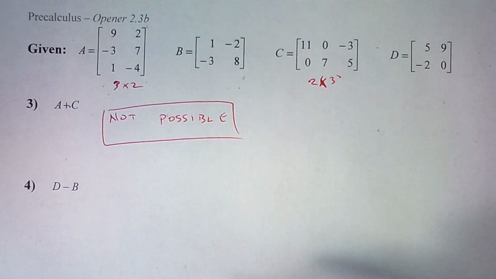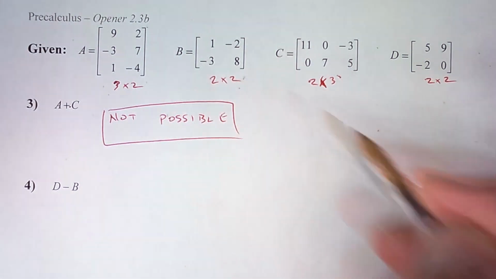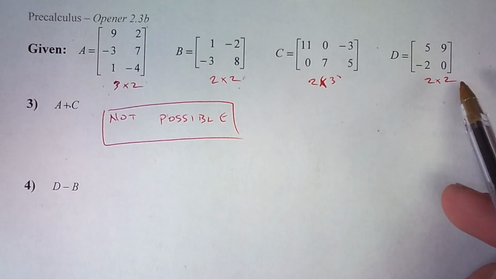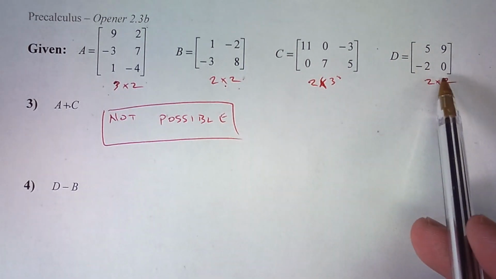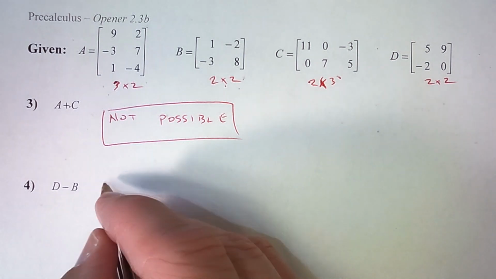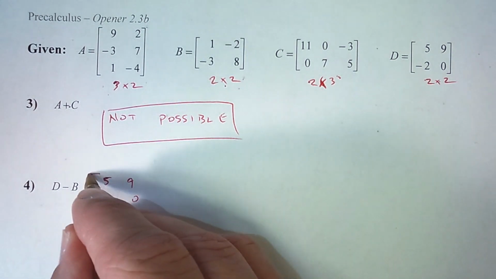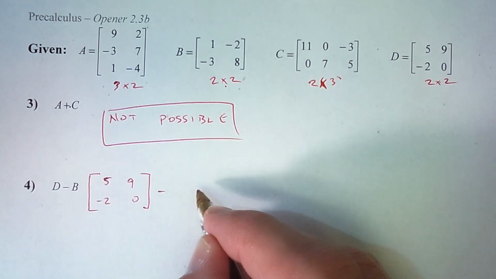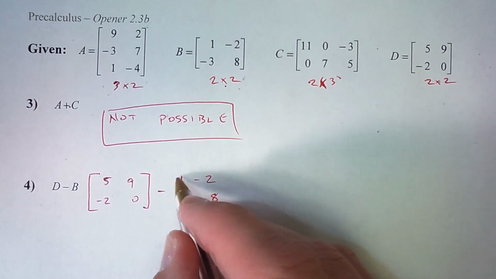Okay, how about matrix D minus matrix B? So we have 2 by 2 and 2 by 2. So this can be done. In order to add or subtract, I have to have exactly the same dimensions. And I do for these. So D minus B, I've got 5, 9, negative 2, 0, minus 1, negative 2, negative 3, 8.